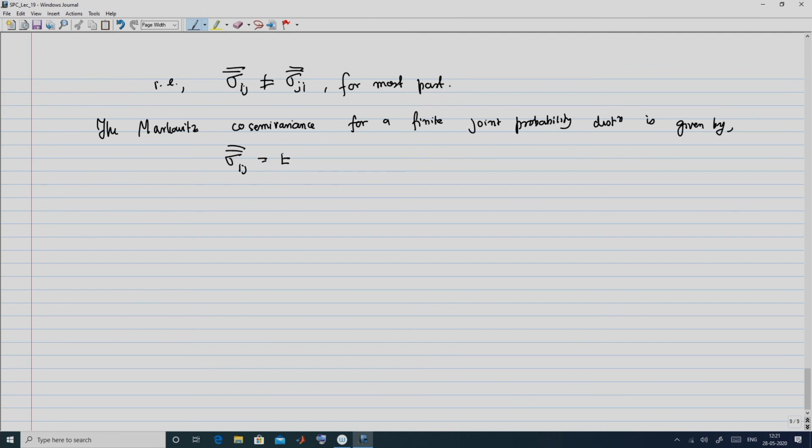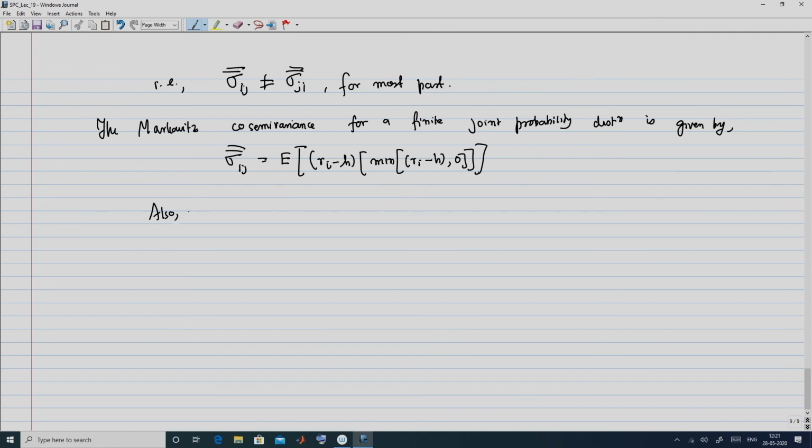This is equal to the expected value of R i minus h into minimum of R j minus h comma 0.